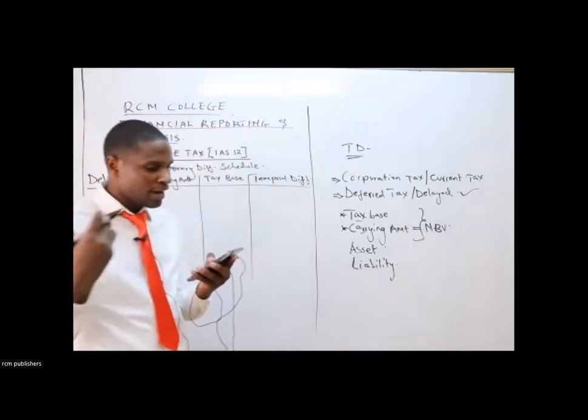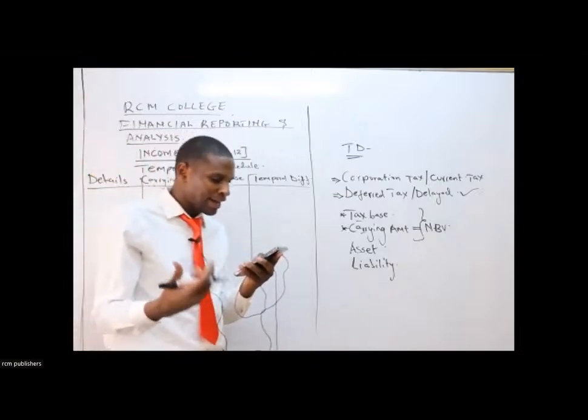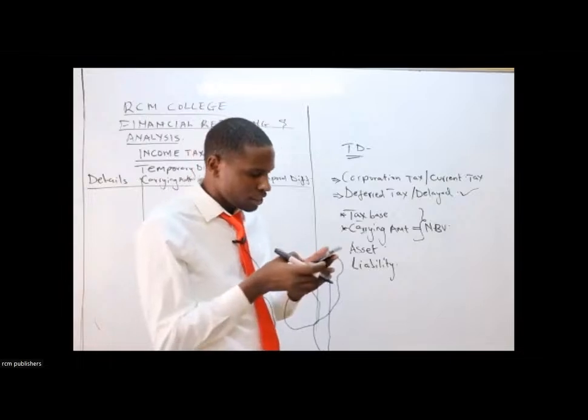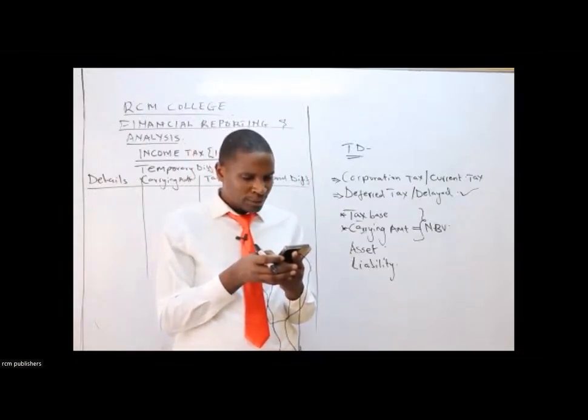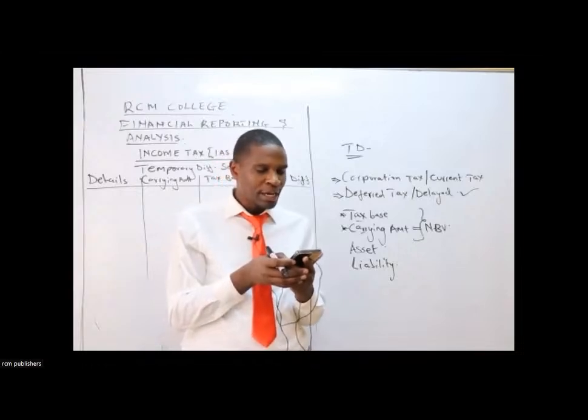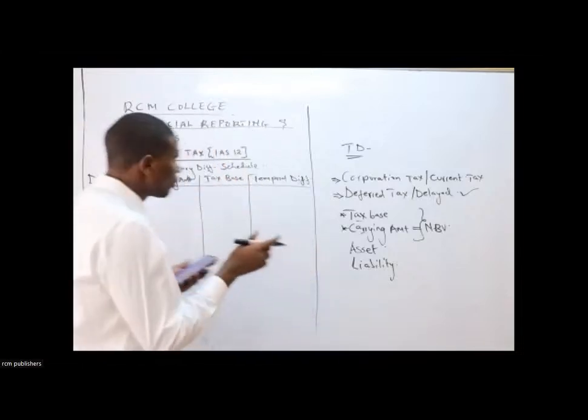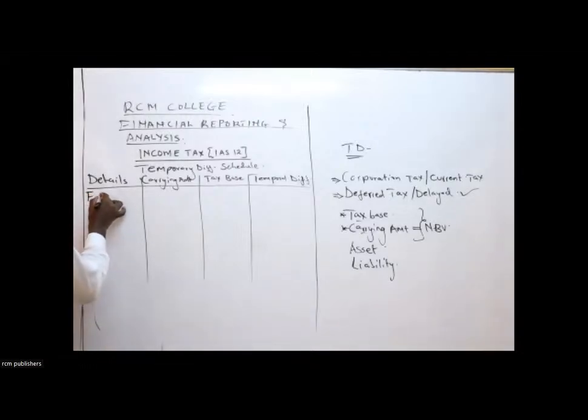We are told of an asset here, and what name are they giving this asset? Freehold property. This is an asset, freehold property.